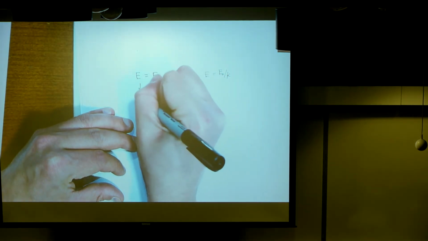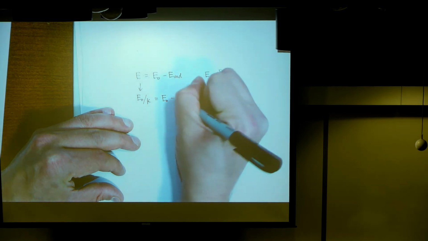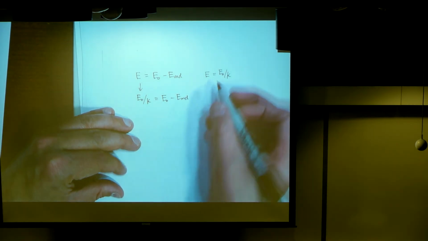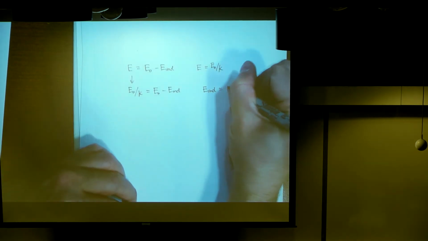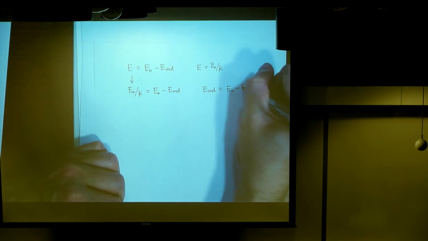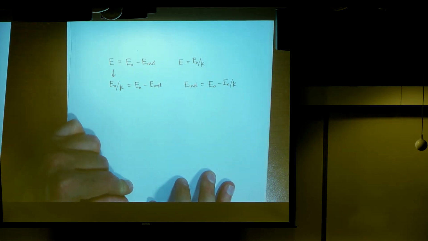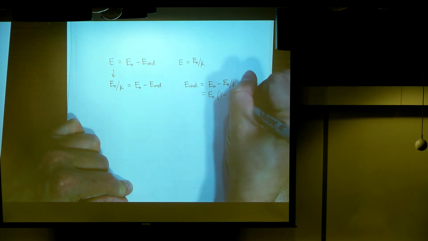We have E naught divided by K equals E naught minus E induced. So we want to solve for E induced right here. E induced is going to be equal to E naught minus E naught over K. So I can write that as E naught times 1 minus 1 over K.